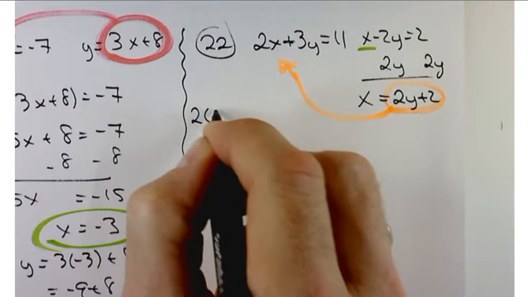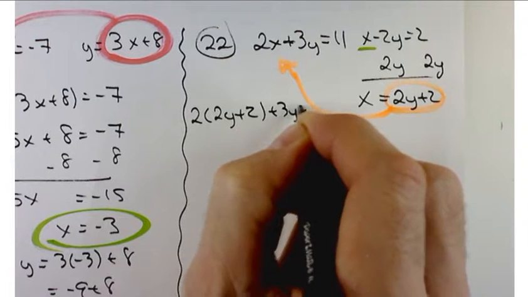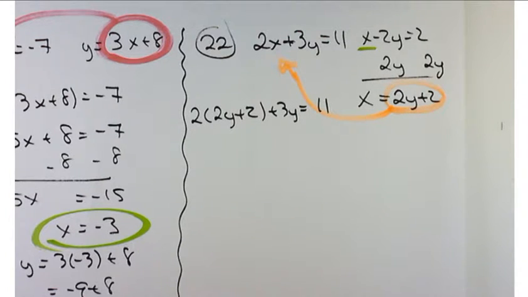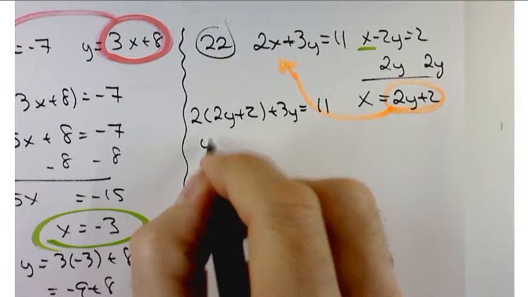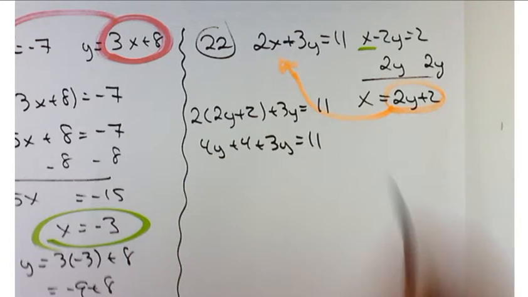2 times (2y plus 2) plus 3y equals 11. Does that look okay? Okay. 4y plus 4 plus 3y equals 11.